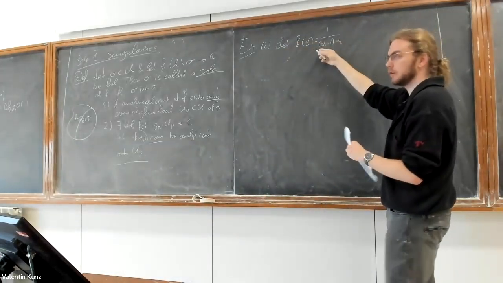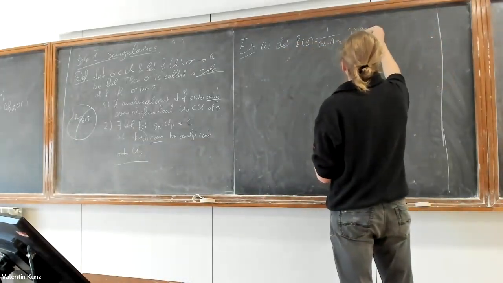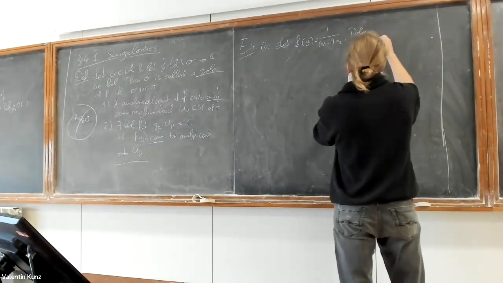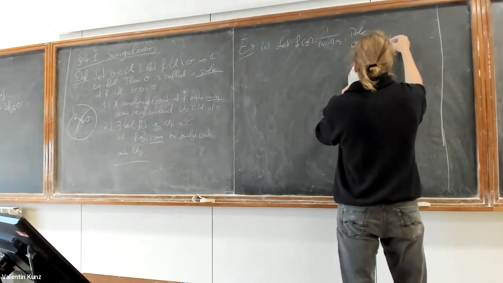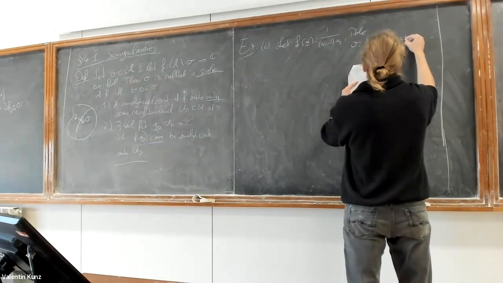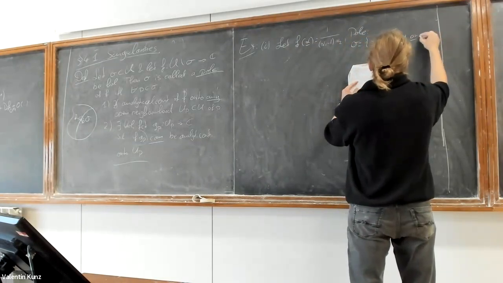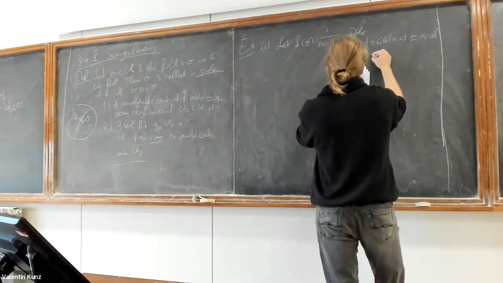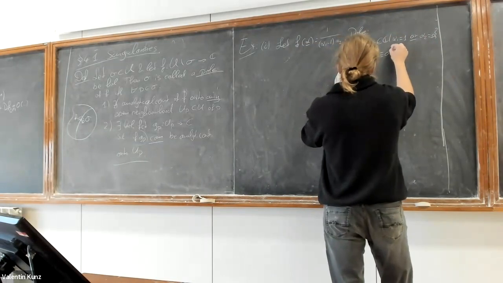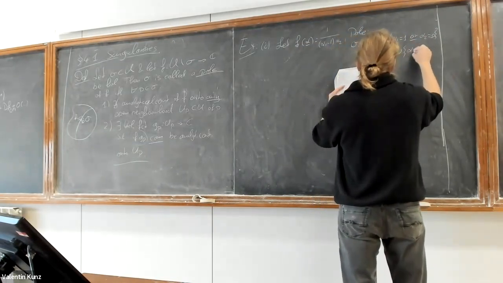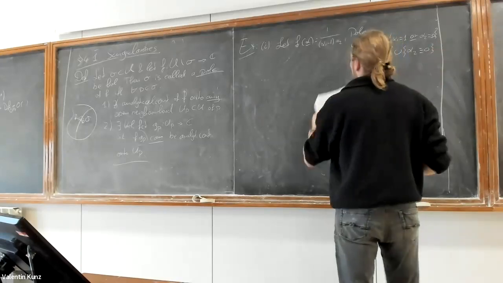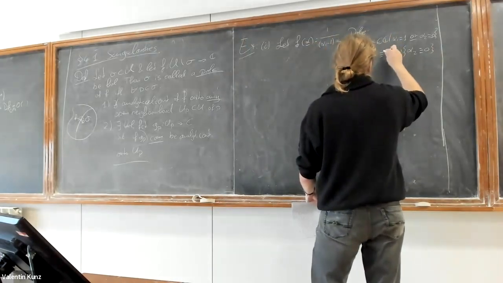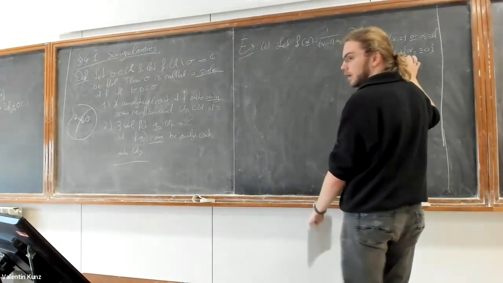It's a rational function, and it has polar singularity at sigma equal to all complex numbers such that alpha 1 equals 1 or alpha 2 equals 0, with a little bit of abuse of notation. We write it like this: alpha 1 equals 1 or alpha 2 equals 0.